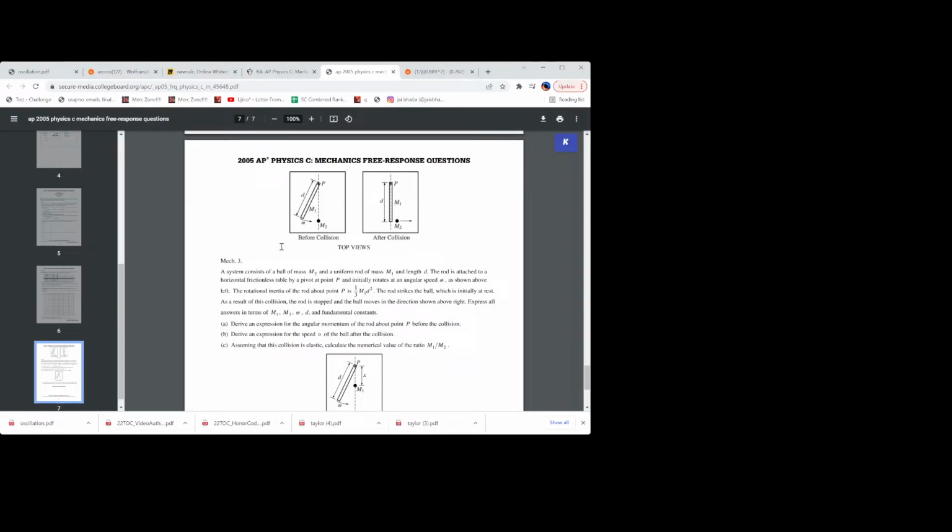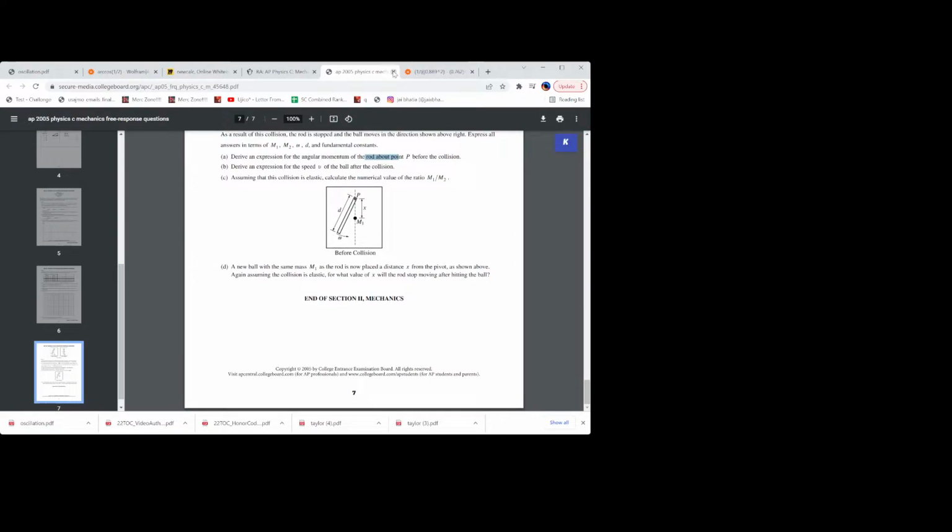Okay, orbital data, that's not it. Oh. Angular momentum, speed V, elastic, and there's no oscillation. Cool.